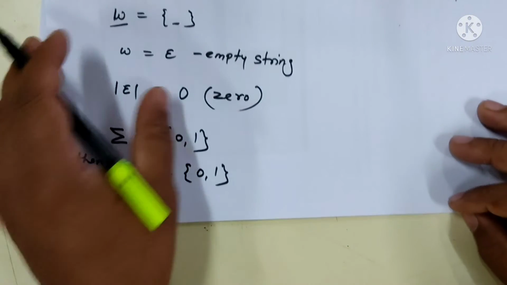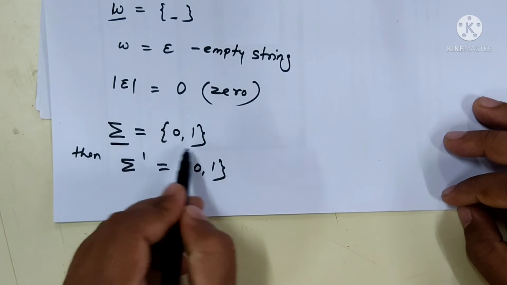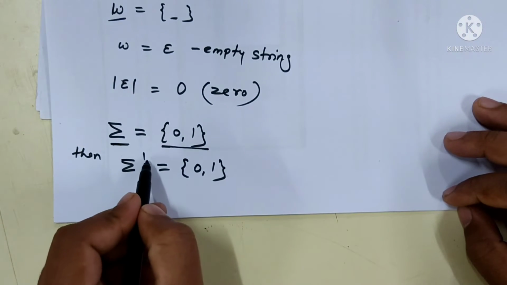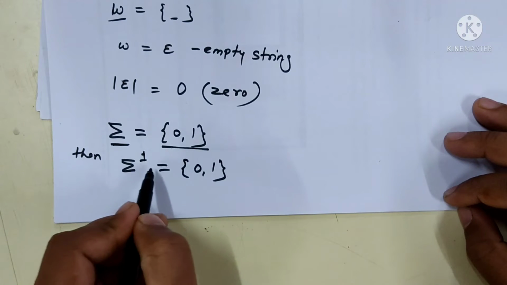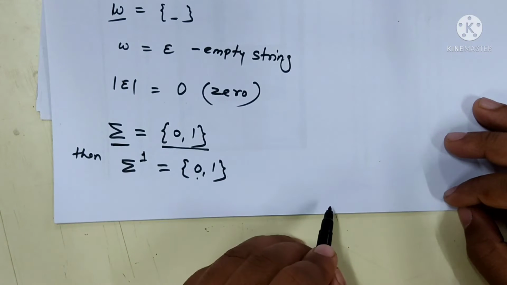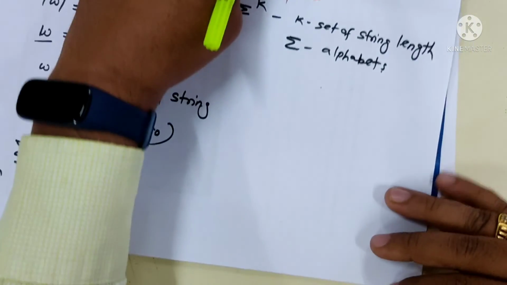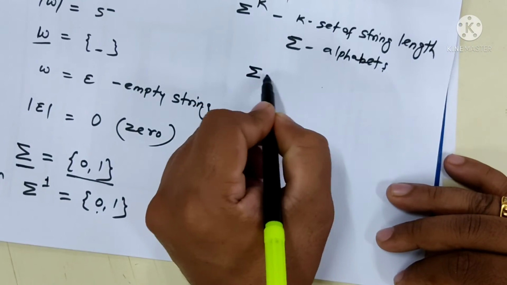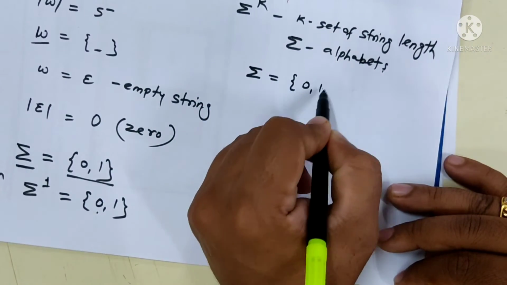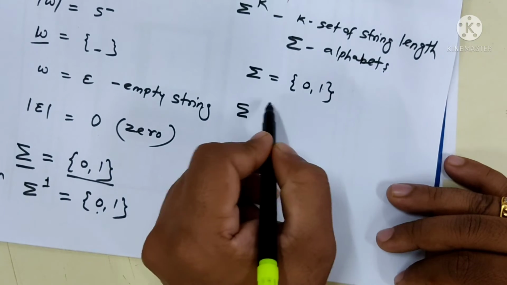Here, suppose sigma is {0, 1}. If k is 1, then it is initially {0, 1}. Then suppose sigma equals {0, 1} and k is 2.